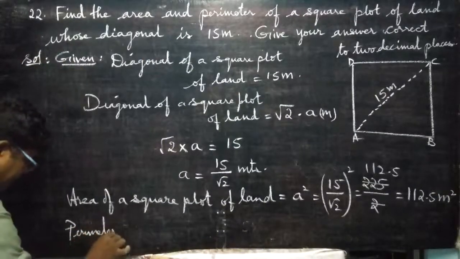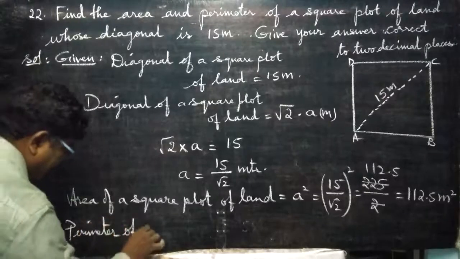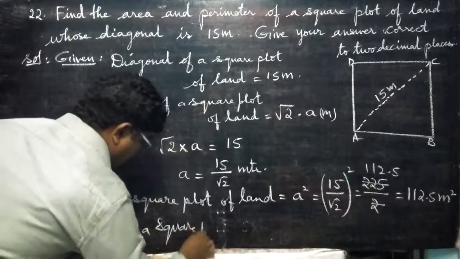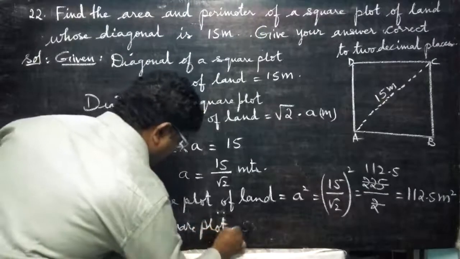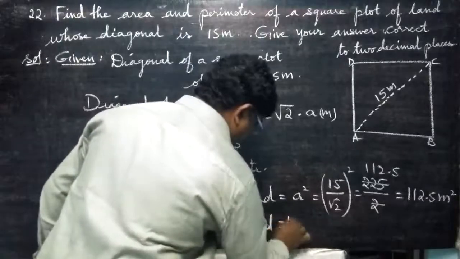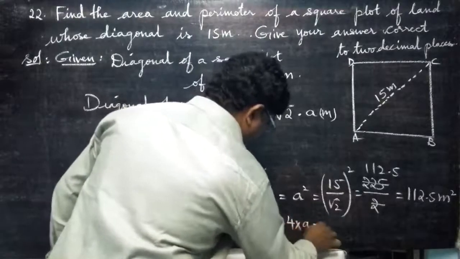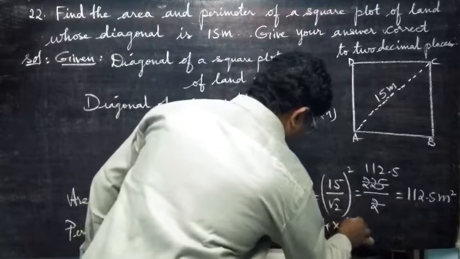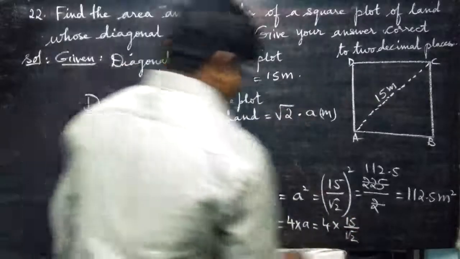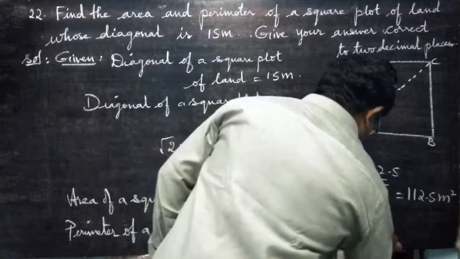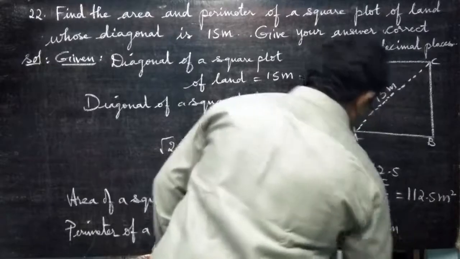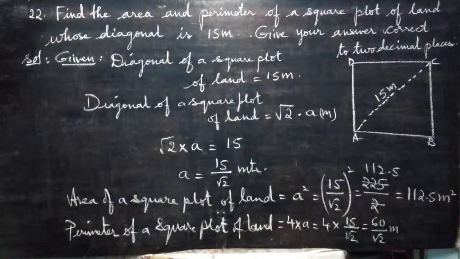Now find the perimeter. Perimeter of a square plot of land. What is the formula? Perimeter is 4 into A. 4 into 15 by root 2, that is equal to 60 by root 2 meters. This is the perimeter, in meters.